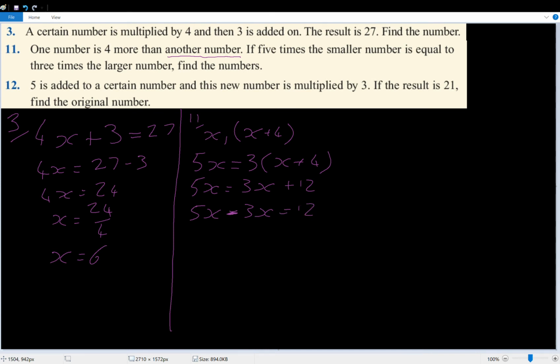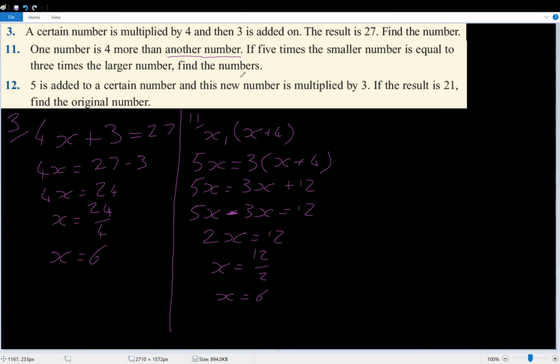Sorry about that. And then we're going to take 3x from 5x, so we're going to end up with 2x equals 12. And the last thing we need to do is get this 2 away from the x, so we're just going to end up with x equals 12 divided by 2. So x equals 6.